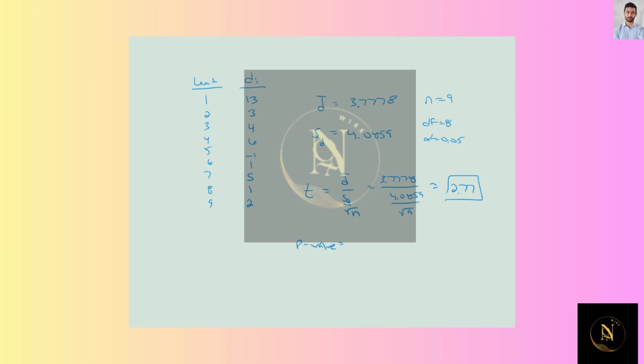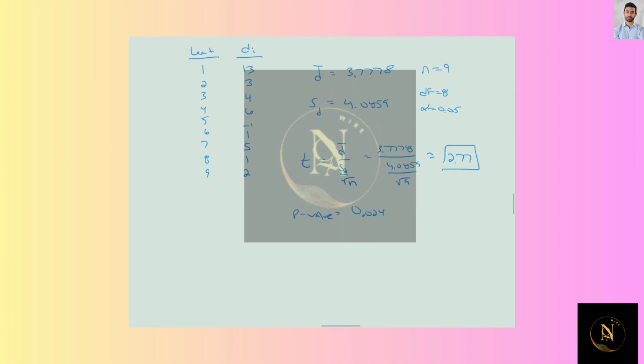The p-value for this is 0.024, which is less than 0.05. And so we would reject the idea that virus 1 and 2 create the same number of lesions. So we would reject the null hypothesis that they would create the same lesions.